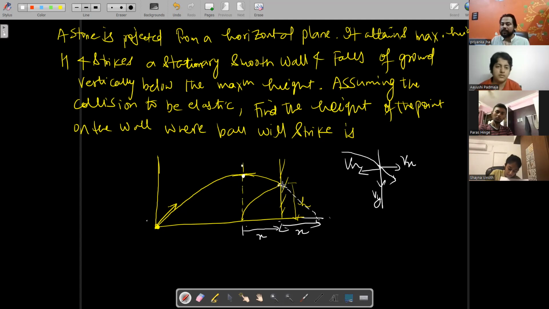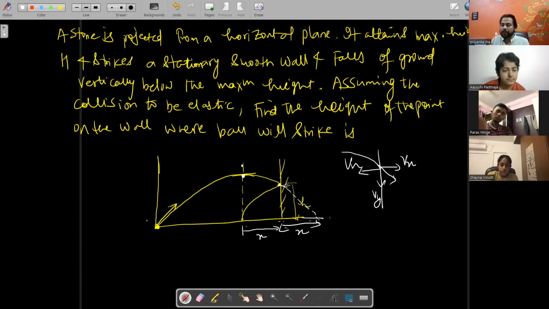Whatever distance it was supposed to travel if there was no wall, even after striking the wall it will cover the same distance. So by symmetry, this distance and this distance must be the same. Understood or not?